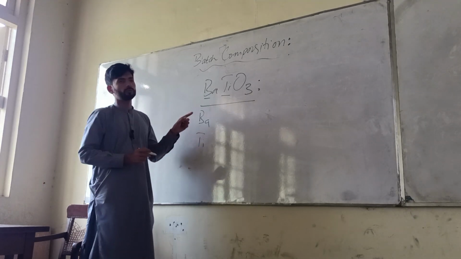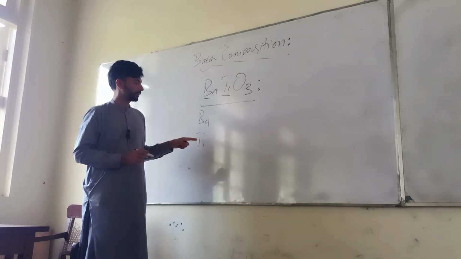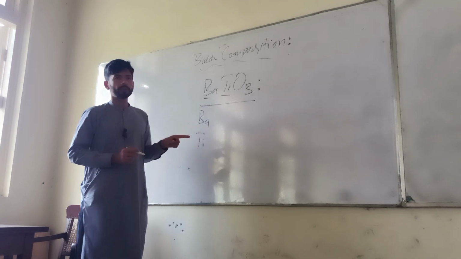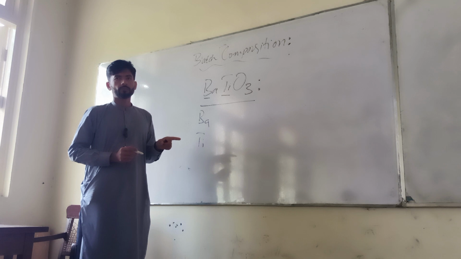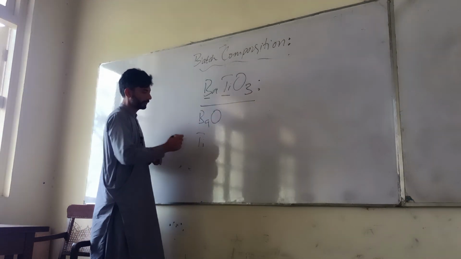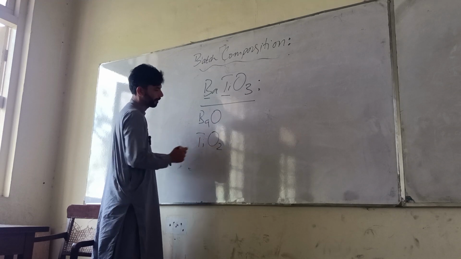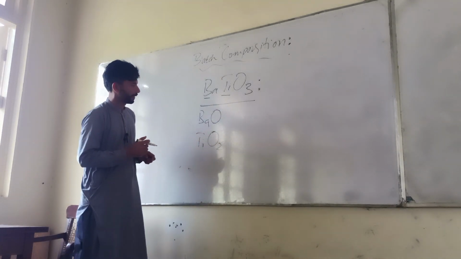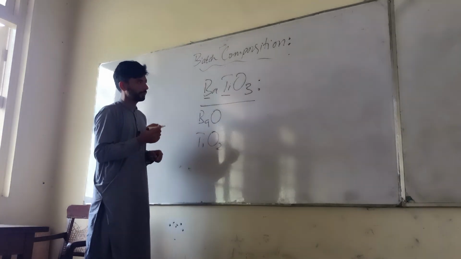So from where can we get those elements? We can get them from their oxides, from barium oxide and from titanium oxide, because they are naturally available. So, what is the next step?